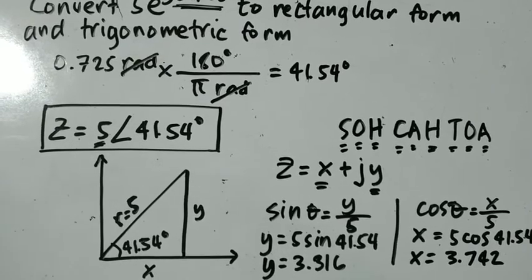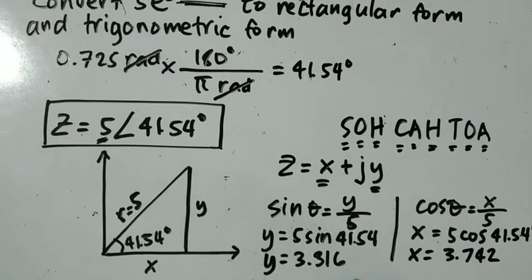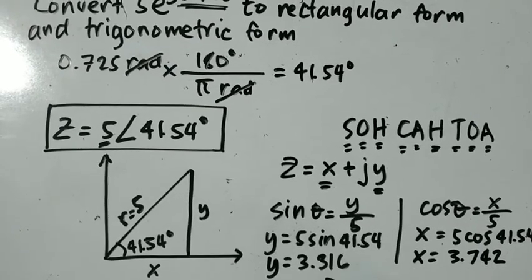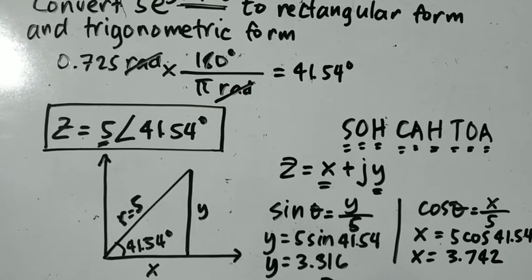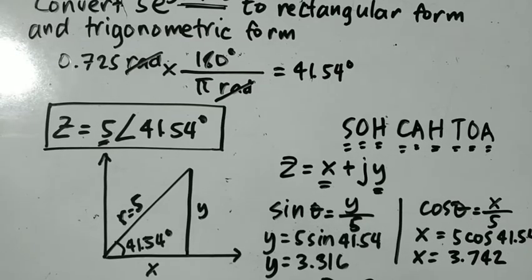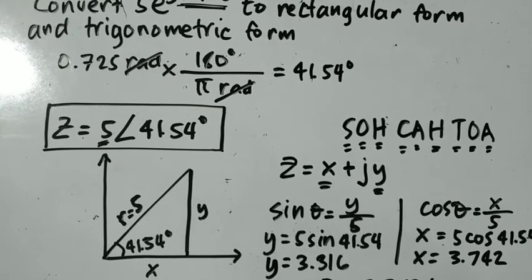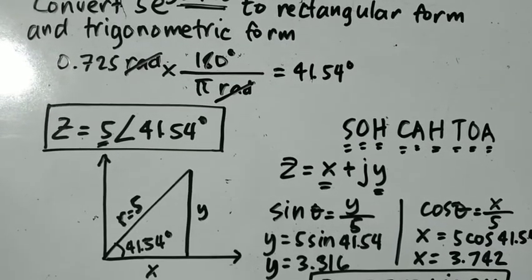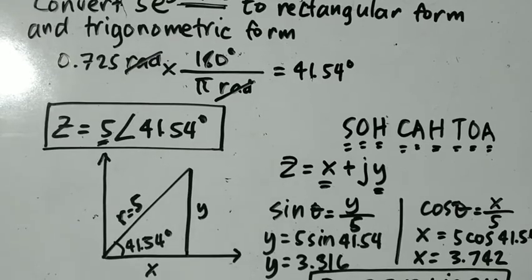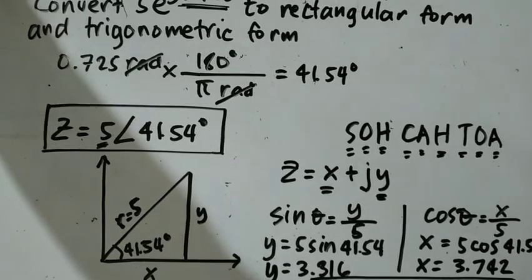And so therefore our equivalent complex number in rectangular form is x plus jy, right? So 3.742 plus j3.316. So this is the equivalent complex number in rectangular form.